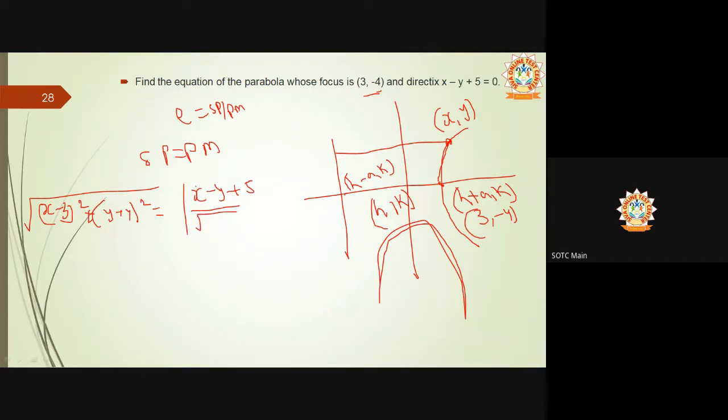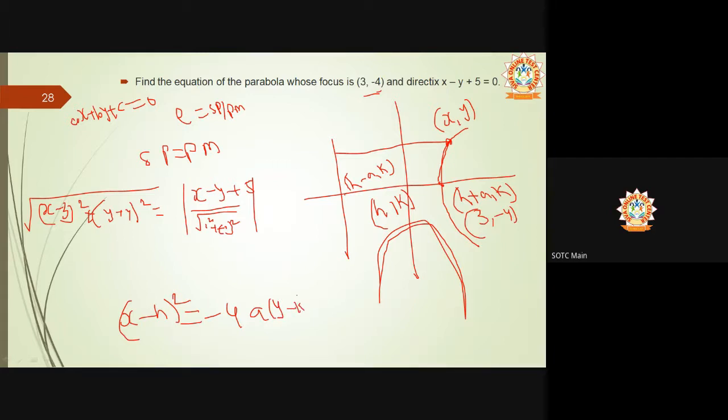The normal directrix format is ax plus by plus c, right? So a and b are 1 and minus 1, so 1 square plus minus 1 whole square, right? From this you can form the equation. You can square both sides and expand that. Last you will get it in the form x minus h whole square is equal to minus 4a into y minus k.